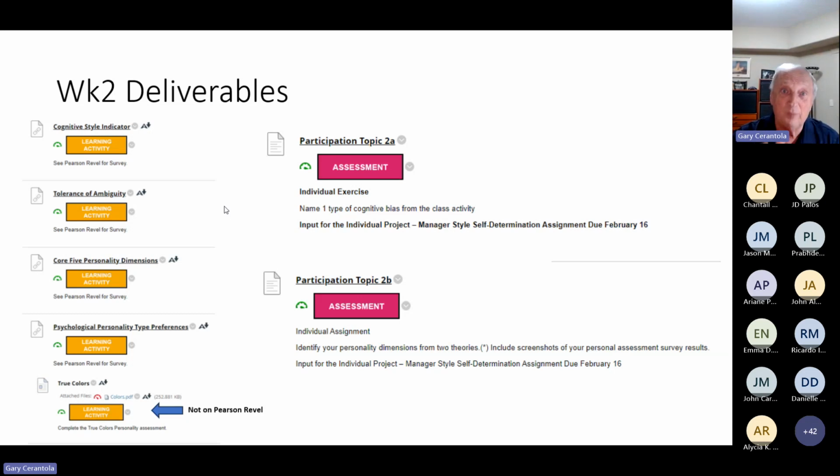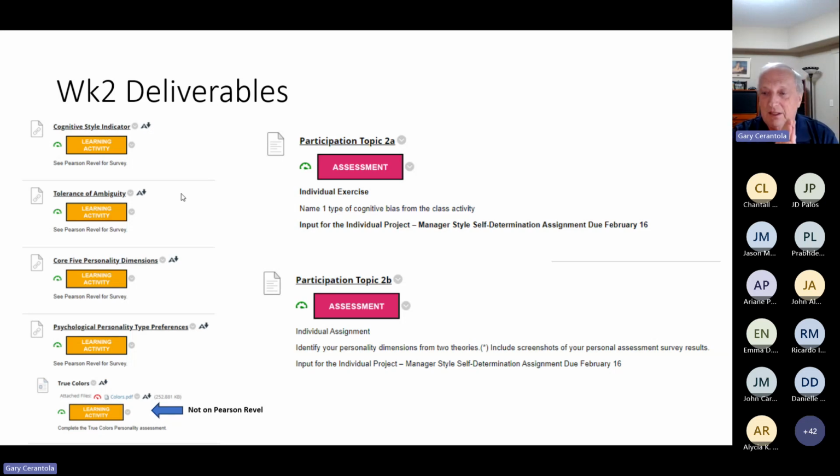So again, it's all building blocks. I'd say 95% of what you're going to do in the participation, you're going to be using in the assignments, so the more attention and focus that you put on these assignments, even though they're small in terms of marks, will have great payoff in helping you do a better assignment, either an individual assignment or a group assignment.